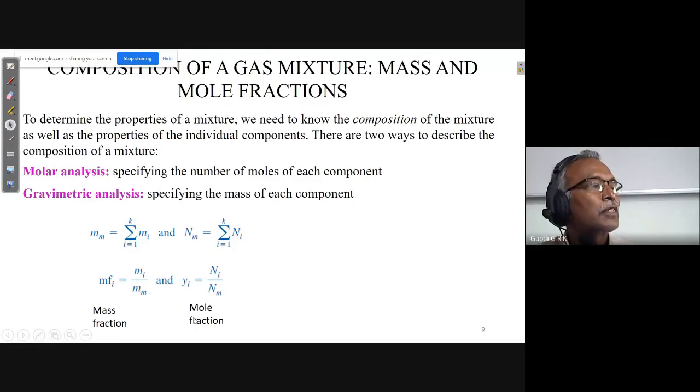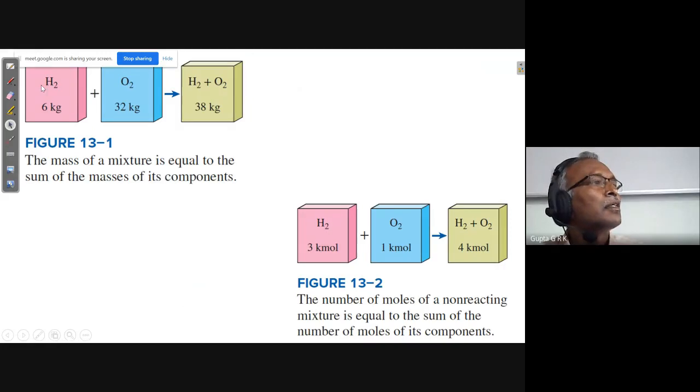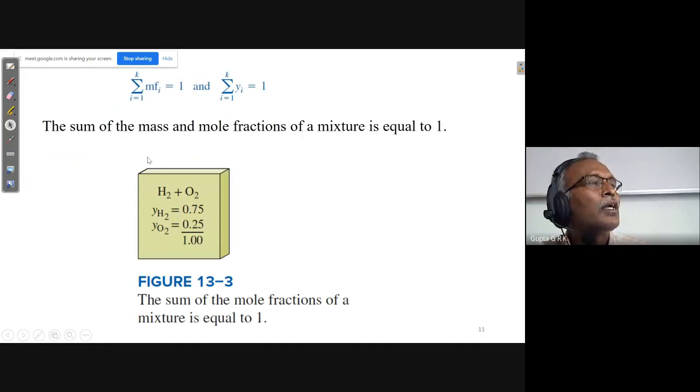This is mass fraction and this is mole fraction. And so if you have H2 and O2 two components having 6 kgs and 32 kgs, the mixture will be H2 plus O2 of 38 kgs, the total sum. This is mass of the mixture. Similarly, in mole basis, if H2 is 3 kilomoles and O2 is 1 kilomole, the total is 4 kilomoles. And so sigma mfi is 1, sigma yi is 1.